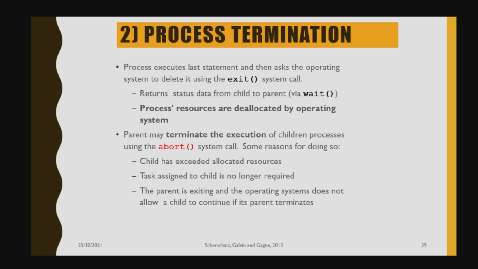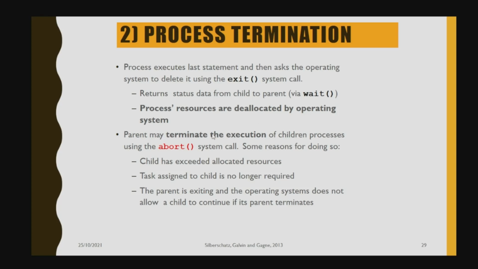So we have fork, then exec, then exit, and then we also have wait. It returns status data from the child to the parent via the wait function. Process resources are deallocated by the operating system. So the operating system allocates and deallocates the resources of each process involved in the system.